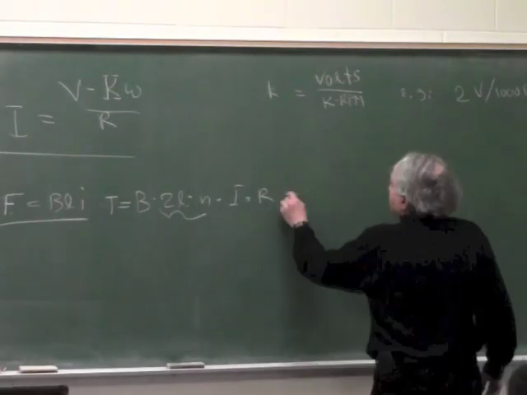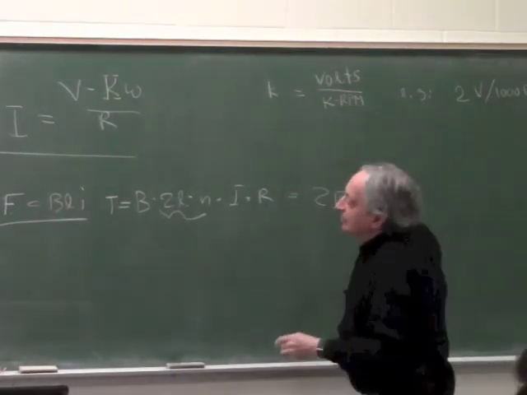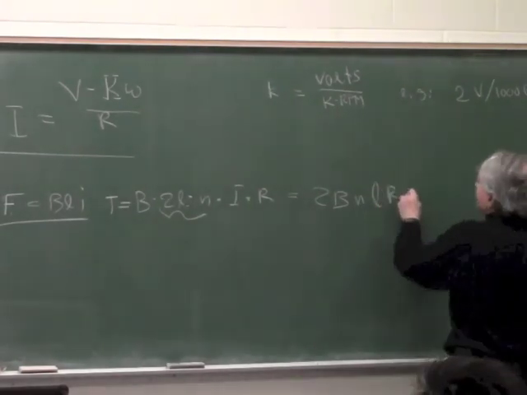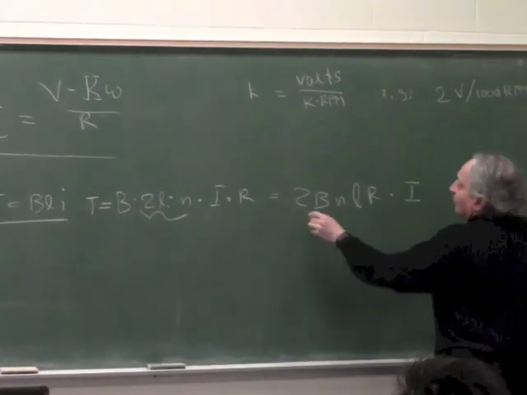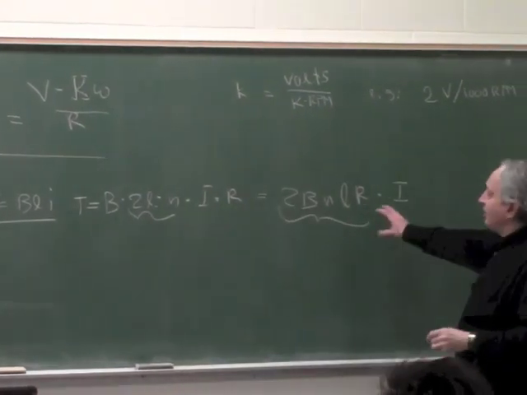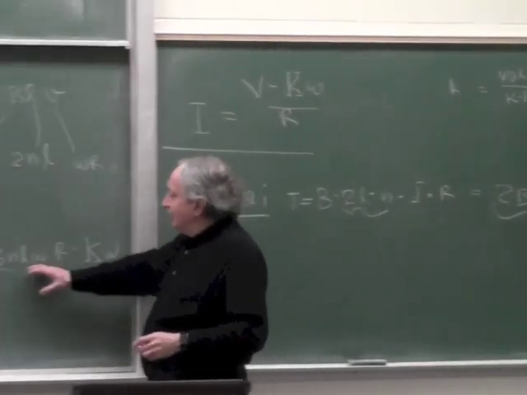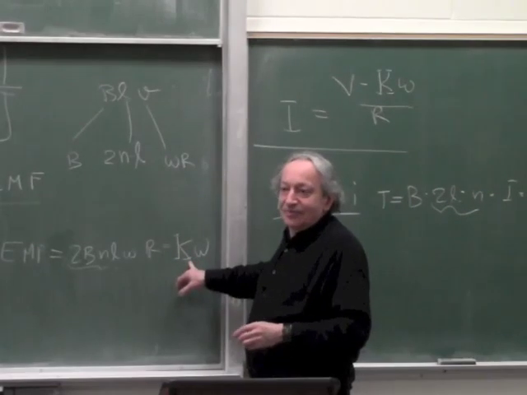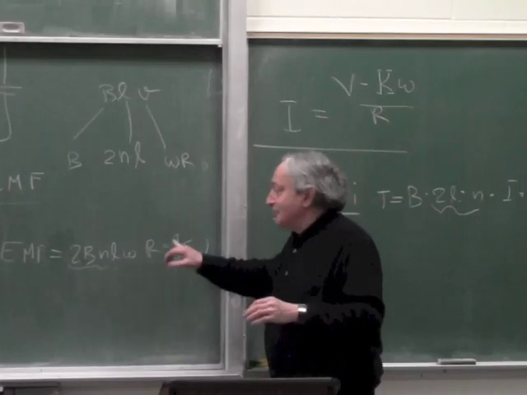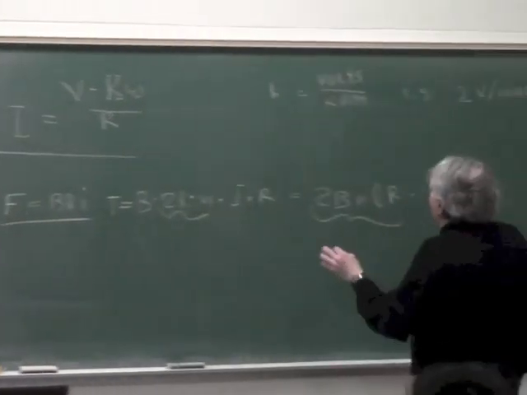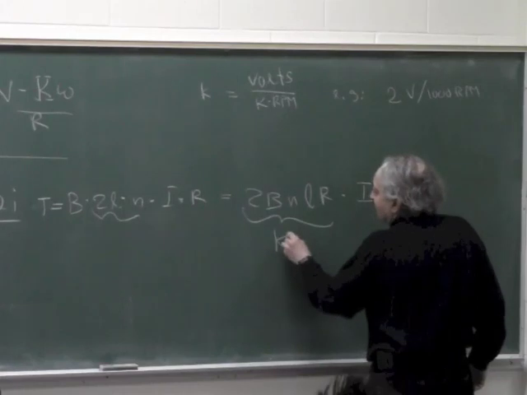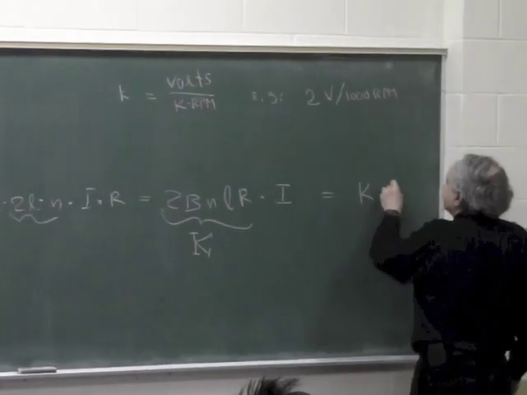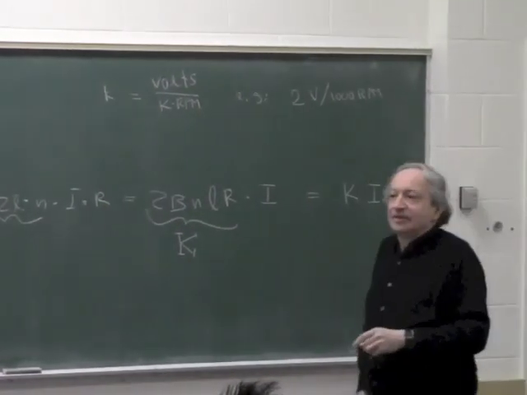It will be 2BNL times R, all this times I. So all this we'll call K, and if we look at this K, we'll see that actually numerically it's equal to the voltage K. Okay, so surprisingly or not surprisingly, depending on how much you think about it, the torque of the motor is K times I, but it's the same K as the voltage coefficient. Okay? Good.